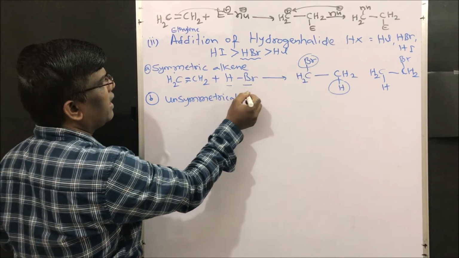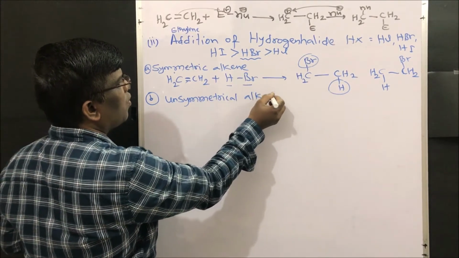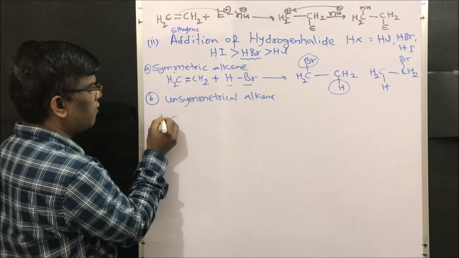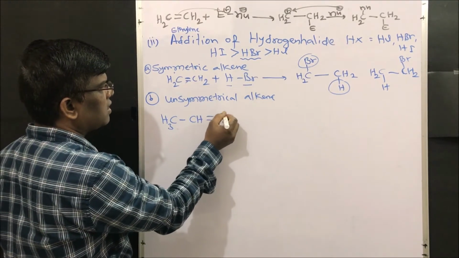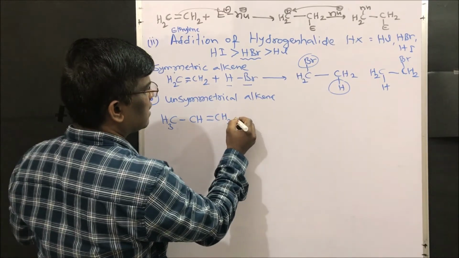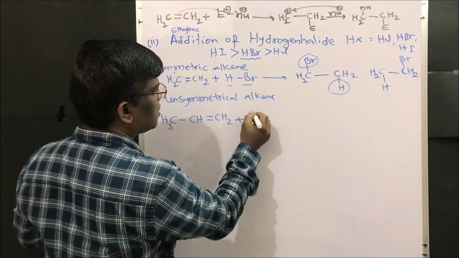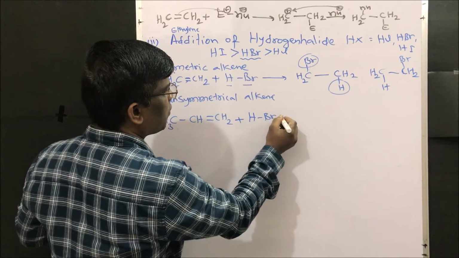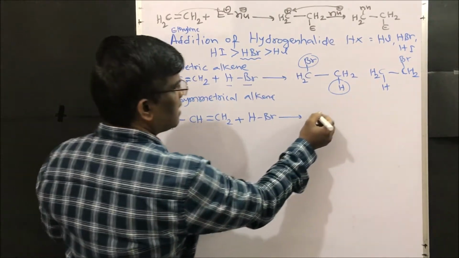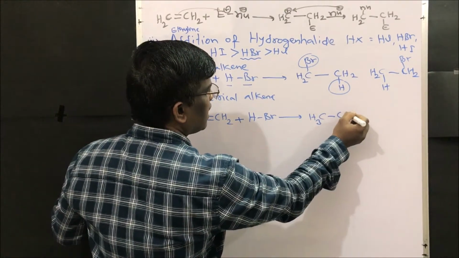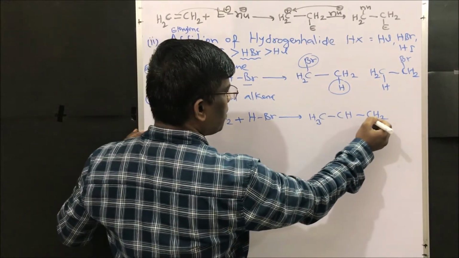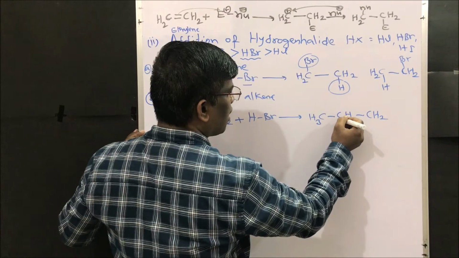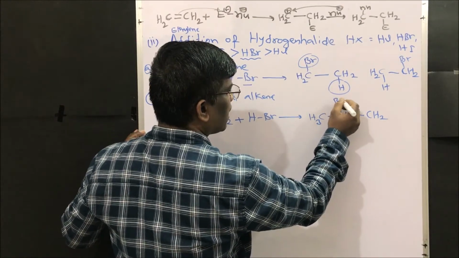For example, if I take propene, CH3CH=CH2, plus HBr, what are the products expected? CH3, CH, CH2. So bromine may add here or bromine may add here, right?